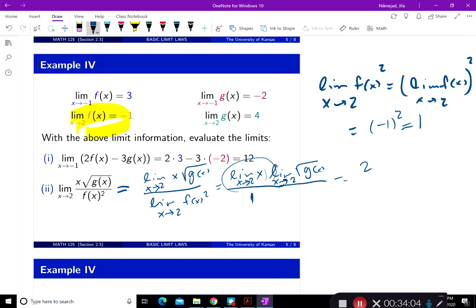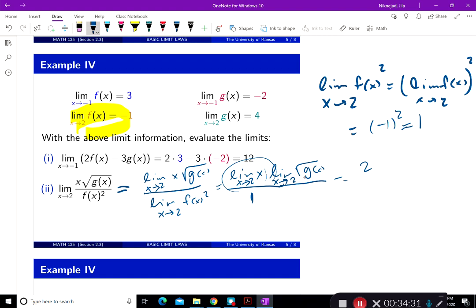According to the iClicker part, we're saying that for g of x to the power 1/2, if the limit of g of x as x approaches 2 is positive, if the limit inside is positive, then I can take the square root outside the limit.